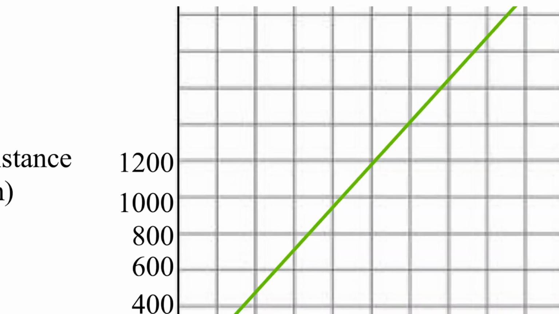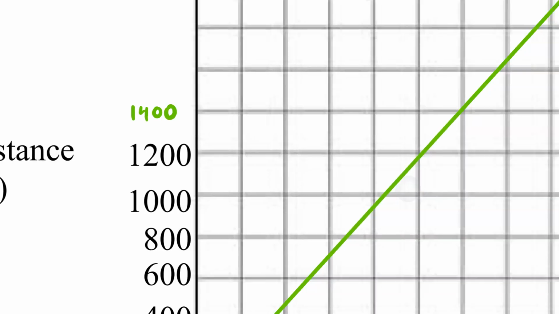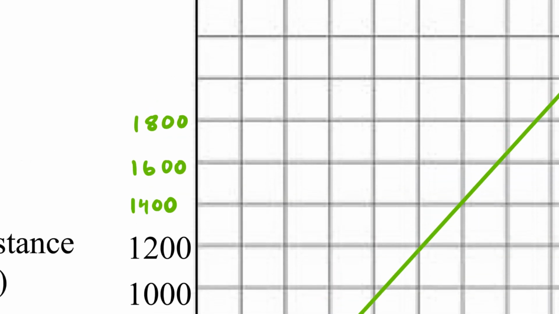On the y, we're going up by 200 every line. So this will be 1,400, 1,600, 1,800, and 2,000 should be good enough for right now. If we need to take it further, we can.